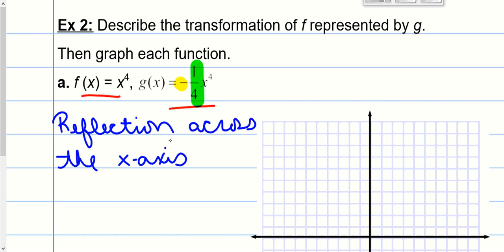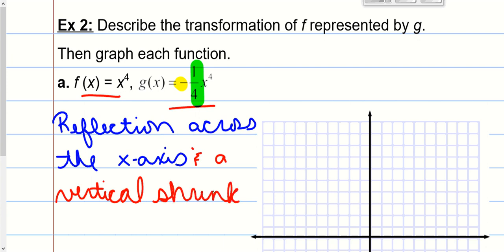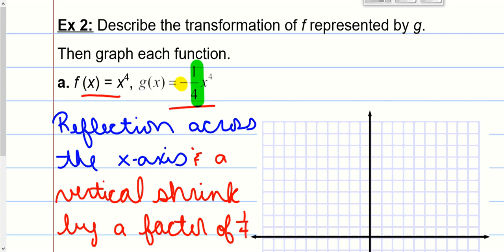So a reflection across the x-axis and a vertical shrink by a factor of 1/4. So now let's go and graph that.